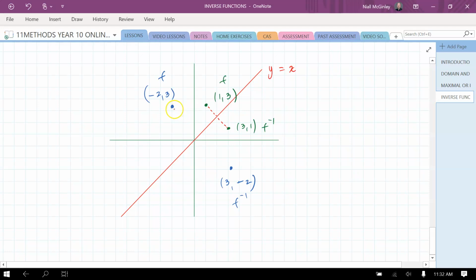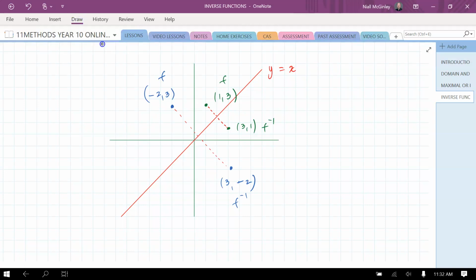Also here, this point is going to be reflected across the line y equals x. So this is what happens when you interchange x and y: it causes a reflection in the line y equals x. We've talked about reflections in the x-axis, reflections in the y-axis. So this is a reflection across y equals x.